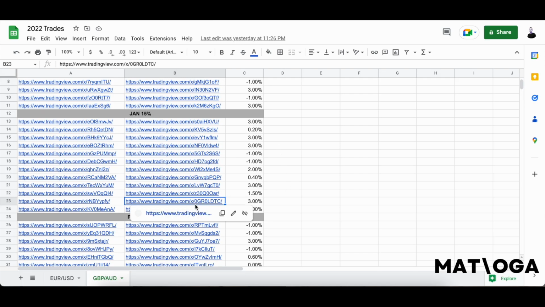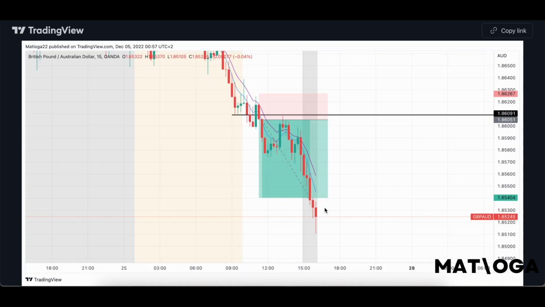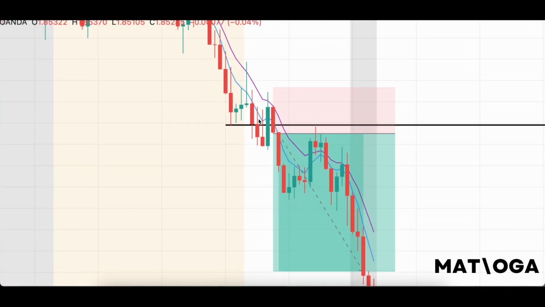Simple. Next trade, a successful one, and once again pretty much the same entry. Now this is the session low, session high you can't even see, because I believe it was a very aggressive downside session. So yeah, what happened here?